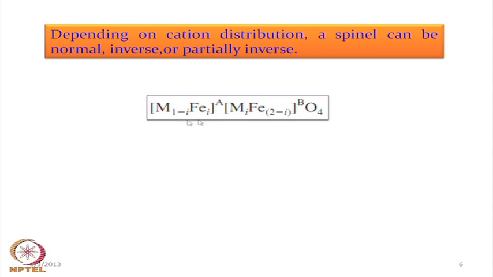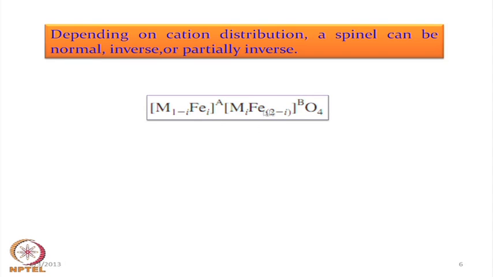Now, some percentage of this M, not the entire M, is moved from the A site to the B site, that is, from the tetrahedral site to the octahedral site. Similarly, some of the iron atoms from the B site are moved from B to the A site.